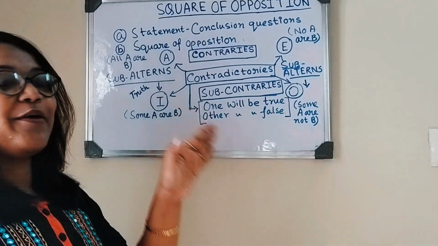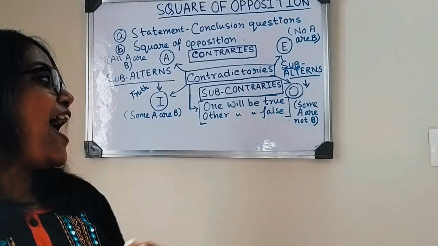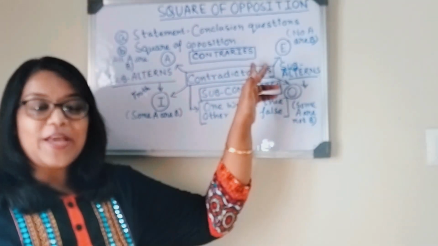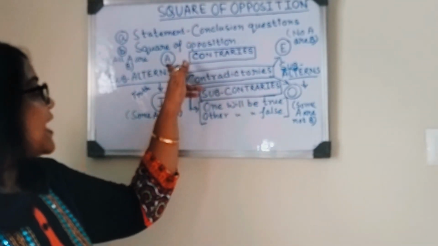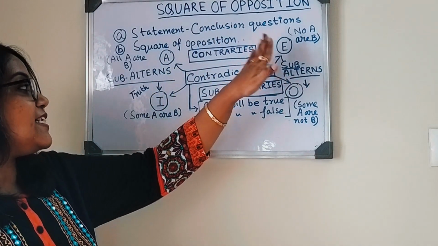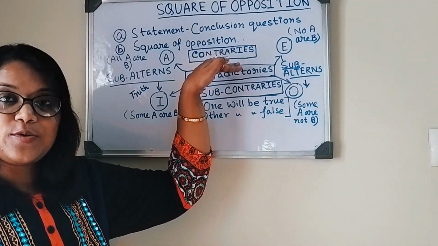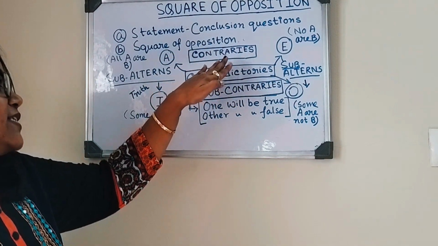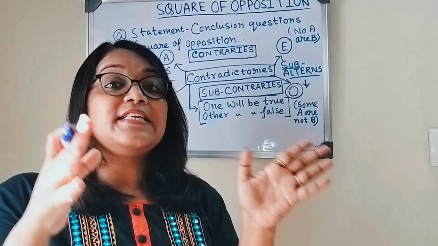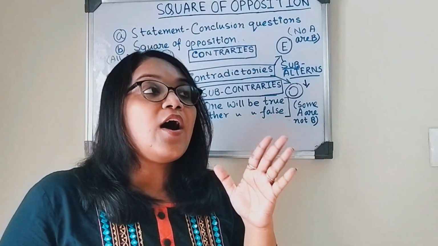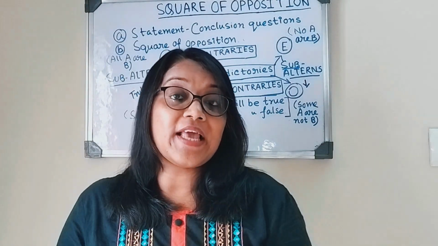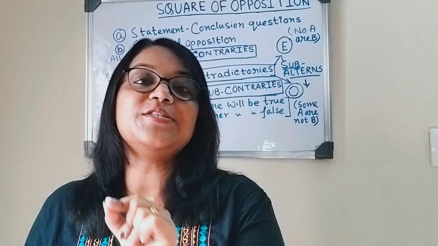Now coming to the next combination, and the next combination is contraries. So A and E is the pair of contraries. Contraries indicate that type of statements which cannot be true together but can be false together.